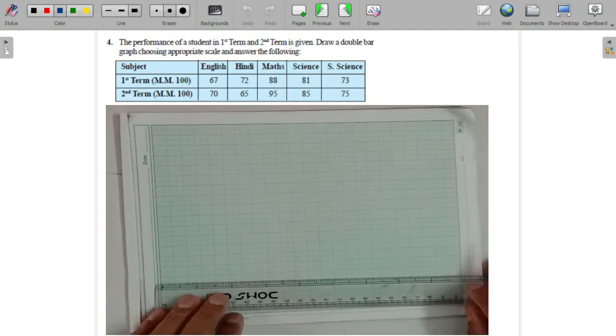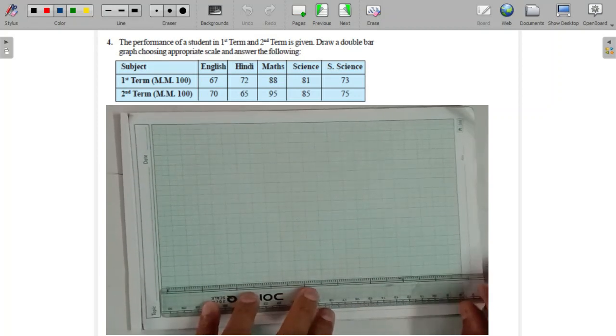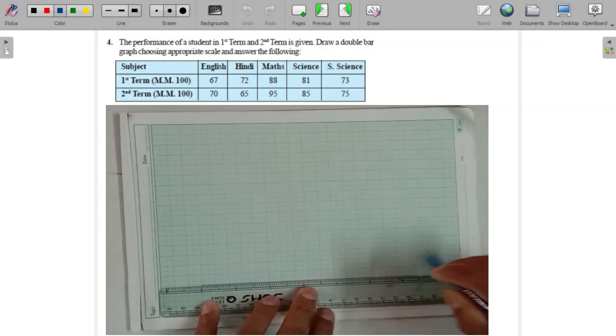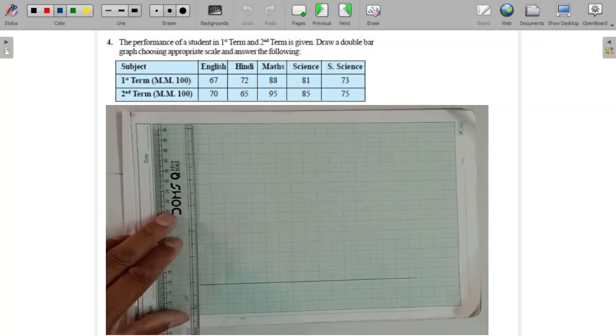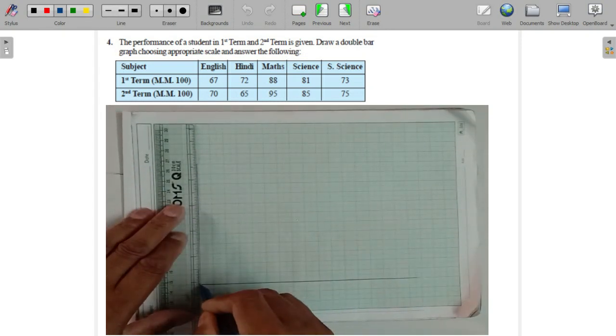To draw x-axis, like this, and then y-axis like this.